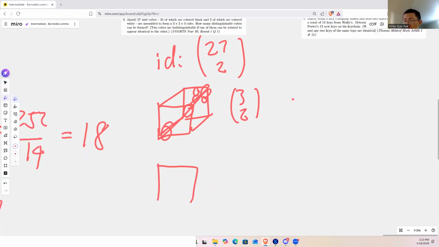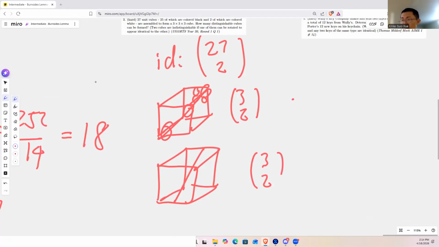If we rotate 180 degrees about an axis joining midpoints of opposite edges, there are two cases. One is if they are both on that axis, or there are 24 cubes off the axis of rotation.